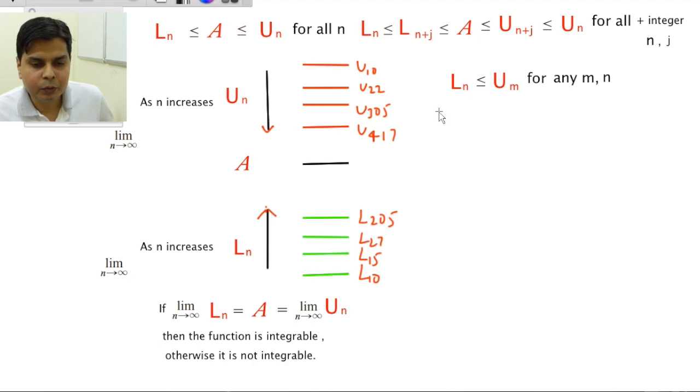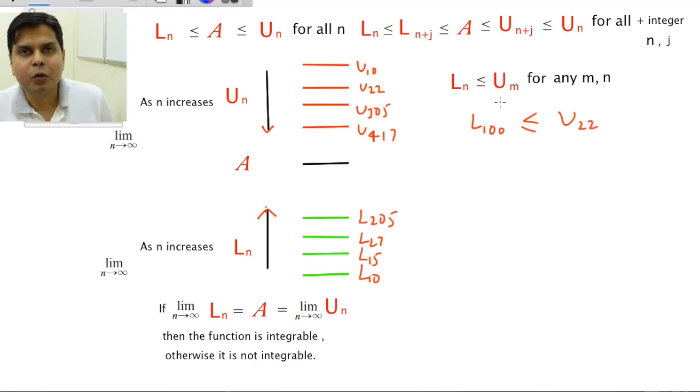Another point I would like to stress here is that Ln will be less than or equal to Um for any m or n. Suppose I take, say, L100, and I am taking, say, U22. This L100 has to be less than U22. Although L100 would have increased a lot, think of the upper sums as an elephant. No matter how big a dog becomes, that dog cannot overtake an elephant.